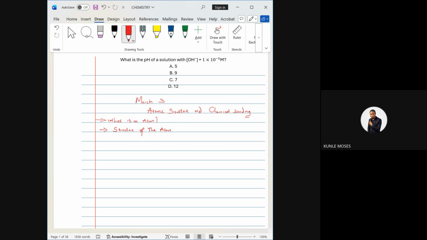Atom consists of three things. Just remember your proton, your neutron, and the electron, right?